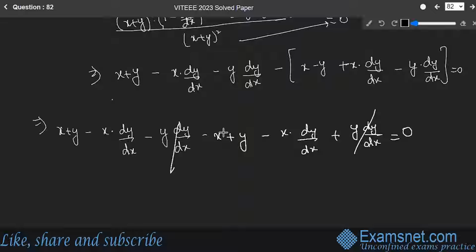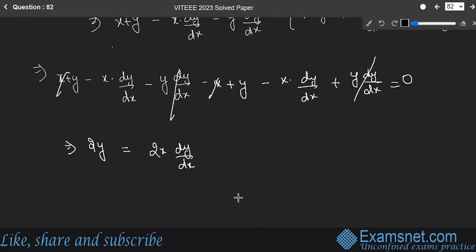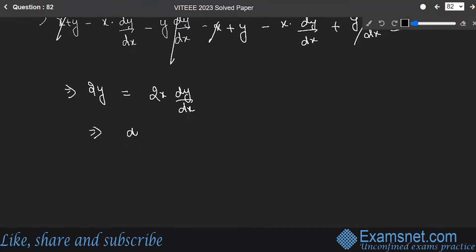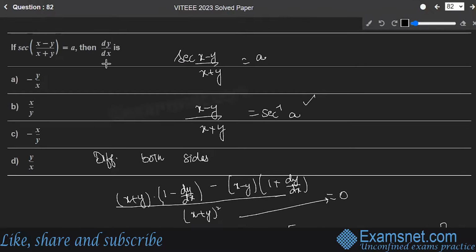They will cancel, and the x will cancel, and you will have 2y equal to minus 2 into x dy by dx, that is 2x dy by dx. Or you have dy by dx equal to y upon x. This is what you needed to find out, right? The value of dy by dx is y upon x. Option D is the answer.